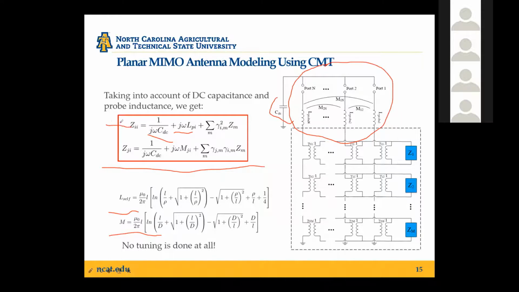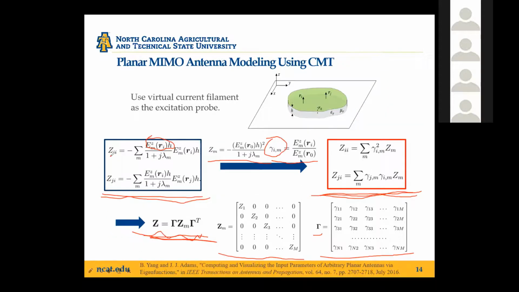The first one is the self term, and the second one is the mutual term for the impedance of the patch antenna. And keep in mind that the circuit model works for arbitrary locations. Once you calculate the characteristic modes for a given patch antenna, you can pretty much access its input parameters anywhere to recreate the response there. You don't need to rerun any simulation.